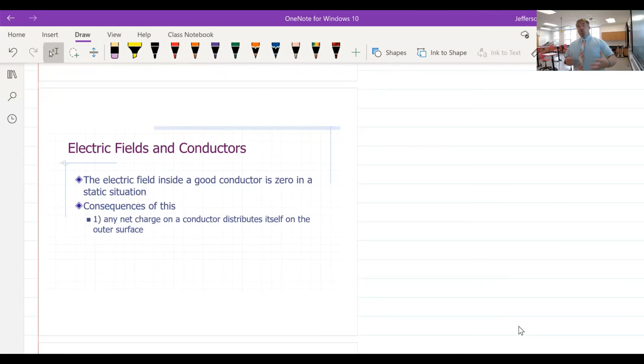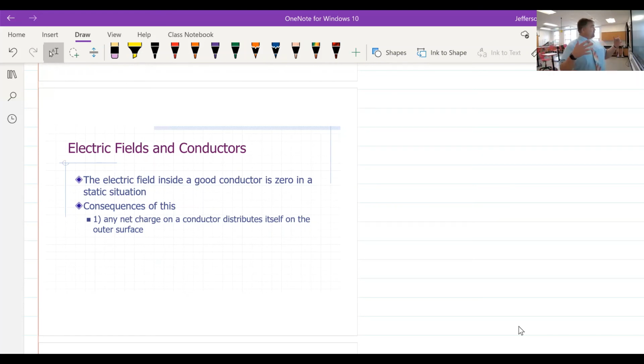Now, in the next couple chapters, we're going to talk about moving charges. And the charges move because there's a force on them. The reason there's a force on them is because there's an electric field. And so we're going to talk about what happens in a static situation. Well, if you have a conductor, charges are allowed to move.